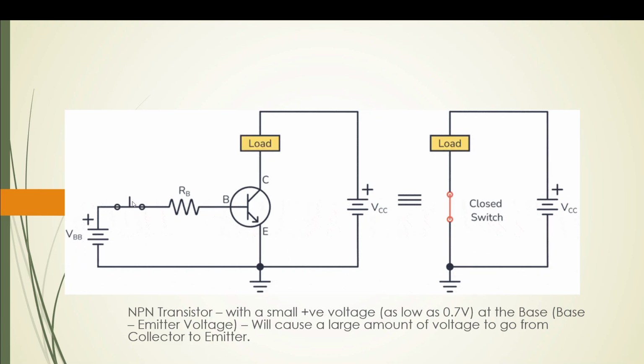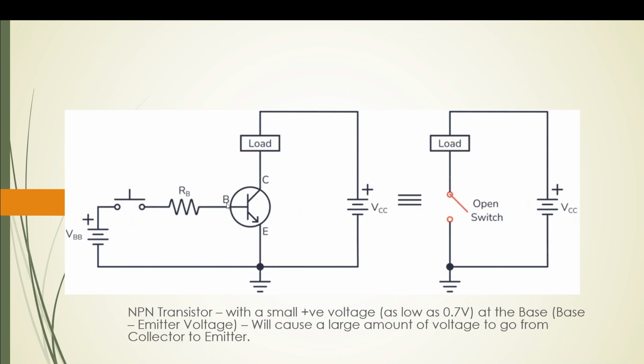Although in the example that I am going to show you, we will be using a physical switch, but later on we'll be doing it through Arduino also. So this same right hand side circuit is basically using a switch. The load gets electricity or does not get electricity. On the left hand side, using the transistor, the electricity passes through the load or does not pass through the load.